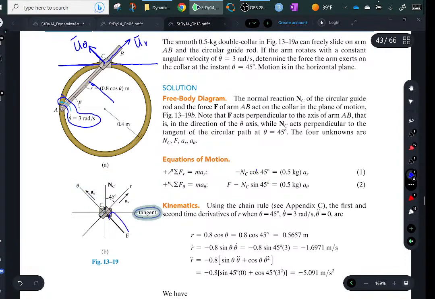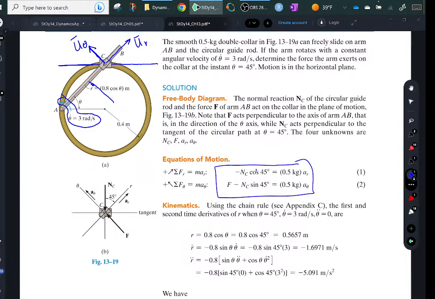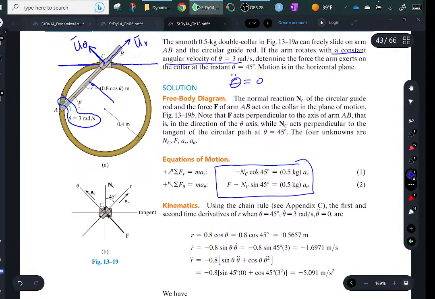So the tangent didn't play too big of a role in this one. And guess what? The only thing you don't know is, well, you'll have to find your r dot, your r, and your theta dot. I'm guessing constant angular velocity, so that means theta double dot equals 0.